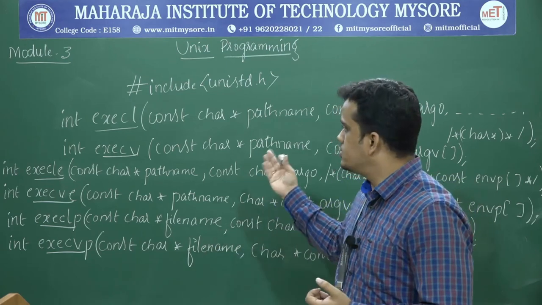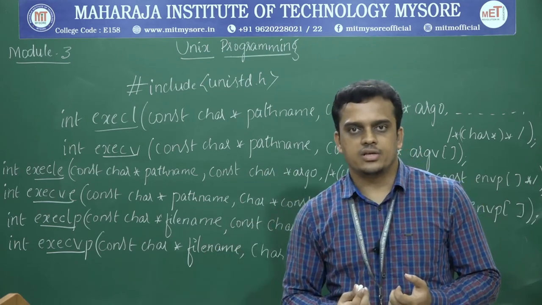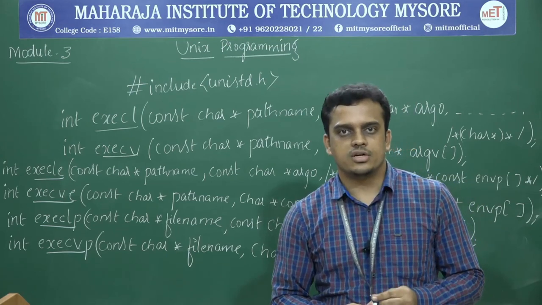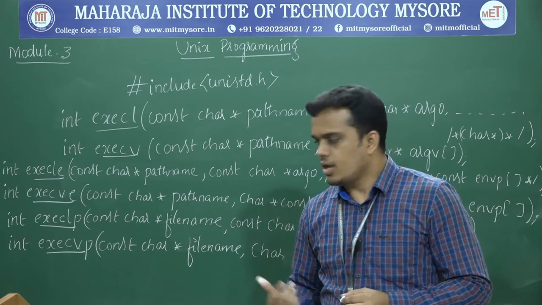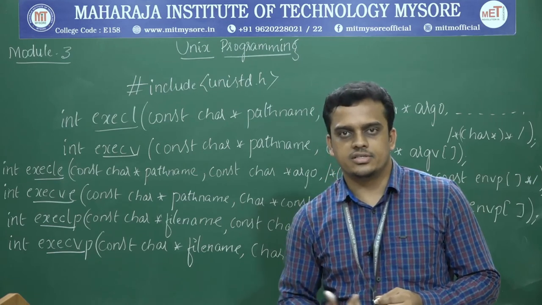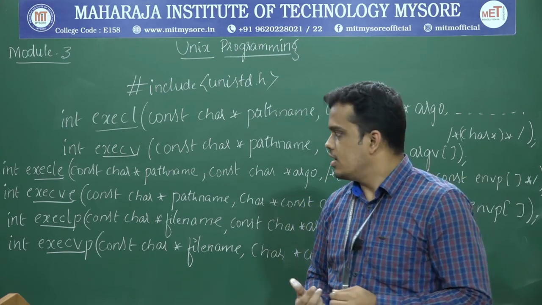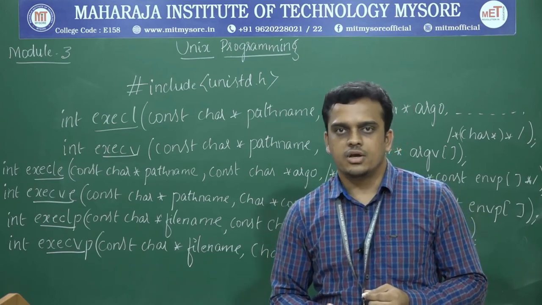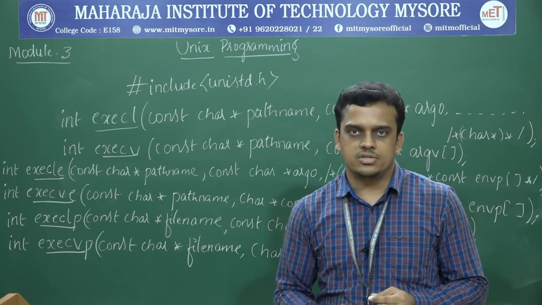That will be passed through the exec API arguments. So let us know more about the different arguments that this exec API will take, how these 6 exec forms can be distinguished, and the major differences amongst them.